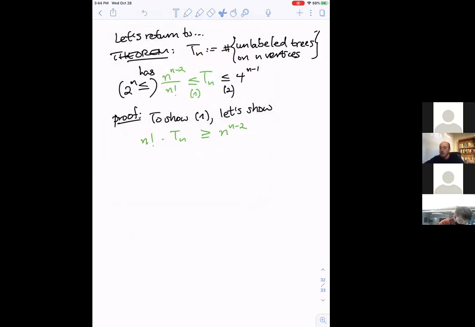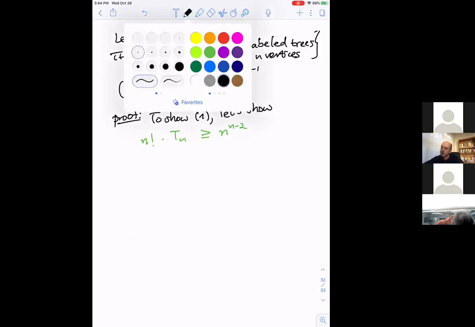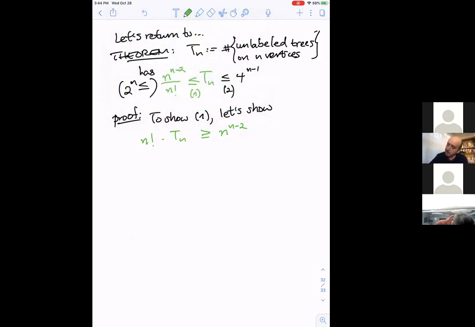I multiplied both sides in this inequality right here, number 1, by n factorial, and I put the Tn on the left side, and I put the n to the n minus 2 on the right. But I was multiplying by something positive. It's not that I reversed the inequality, it's just that I chose to write something on the left versus writing it on the right.